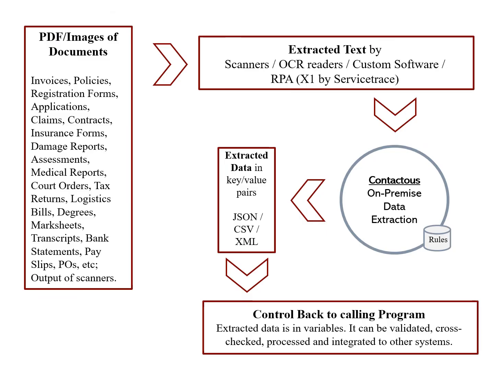Now, here's the flow before we show the quick demo. Any type of these documents or images, such as medical reports, logistics bills, invoices, delivery orders, or purchase orders, and output from a scanner, can be sent out, and the text is extracted by some program, or in this example by an RPA, which is X1 by Servicetrace.